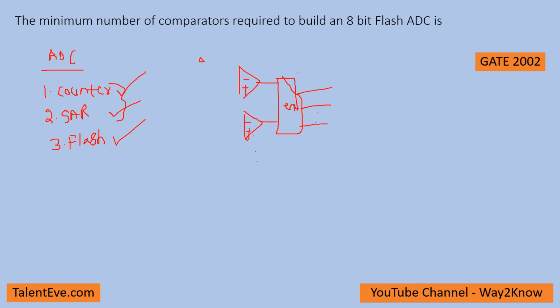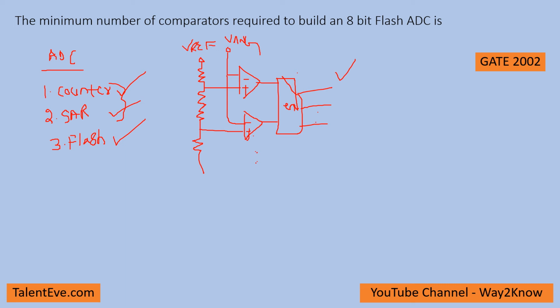Now you will have a VREF for this, and there will be a number of resistors and comparators, as you can see here. So this VREF voltage is applied to this ADC. It is given to the positive terminal of the comparators, and it goes on to several comparators, and the analog voltage which needs to be converted is given to all these comparators. So when both are given, all the conversions happen at the same time and there will be a digital output.